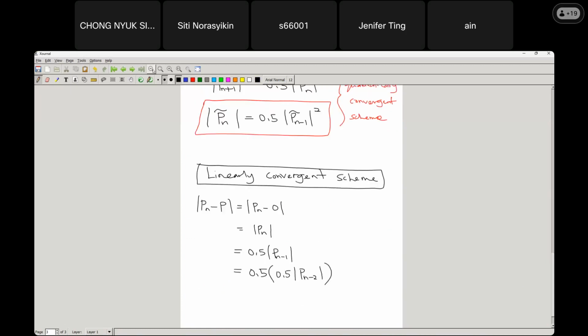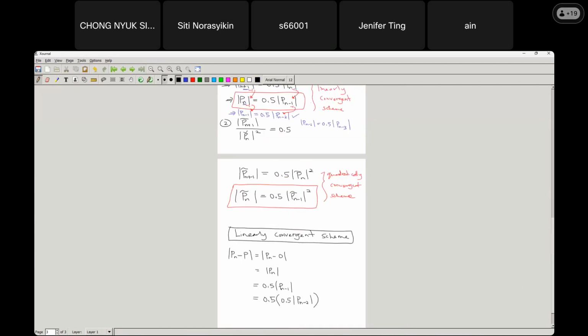Let me minimize a little bit just to show you. We actually substitute this one, the one that I have highlighted, Pn minus 1, this information, into here. That is equivalent to this term.